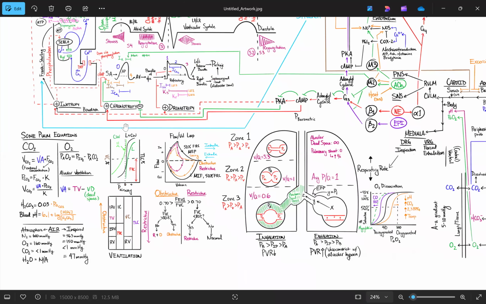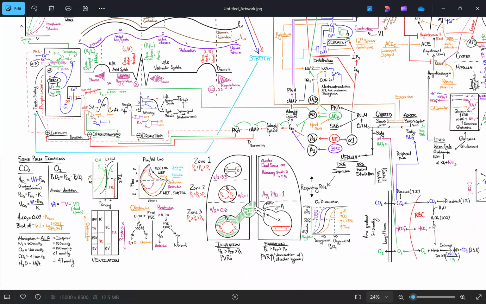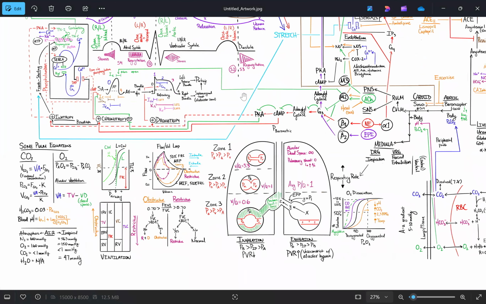A note that's important to have is that at 50%, which is your FRC, your pressures are going to be slightly positive. And why is that?